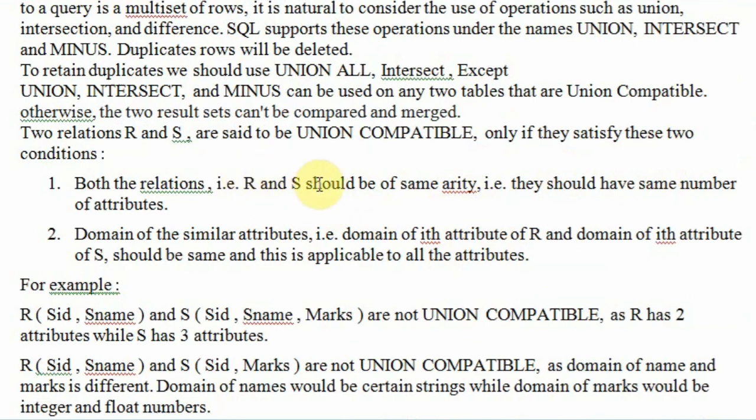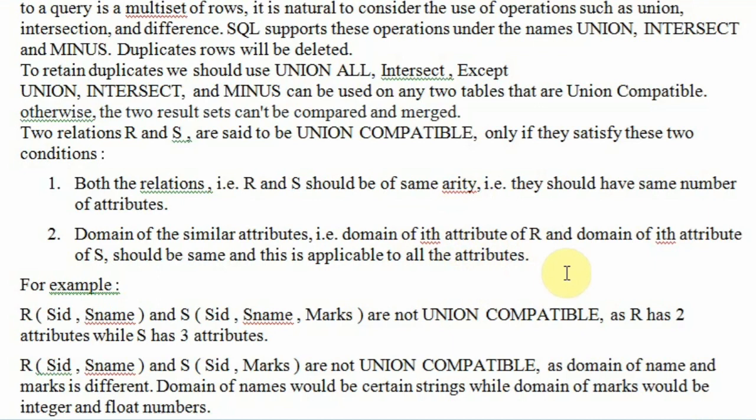So both the relations should have the same number of attributes, the same number of columns. And the second one is that the domains of these attributes should be the same. If I take the ith attribute of relation R and compare it with the ith attribute of relation S, they should be of the same data type.